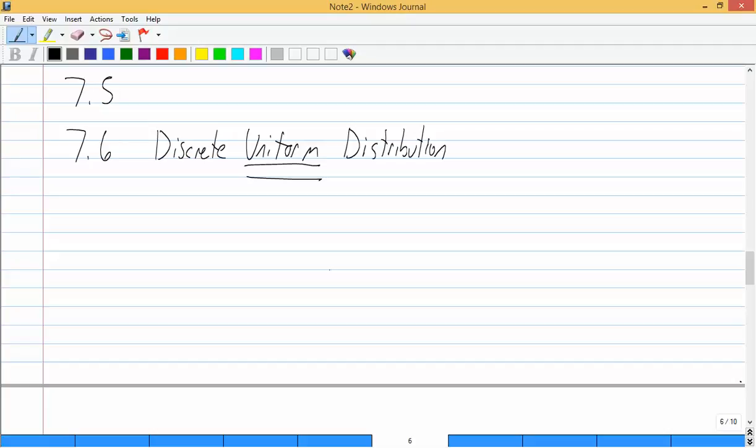If you think about histograms that could represent sets of data, it's uniform if they're all relatively the same height. So a discrete uniform distribution, your book says, is one of the simplest probability distributions. Each value of the random variable is assigned identical probabilities. There are many situations in which the discrete uniform distribution arises.